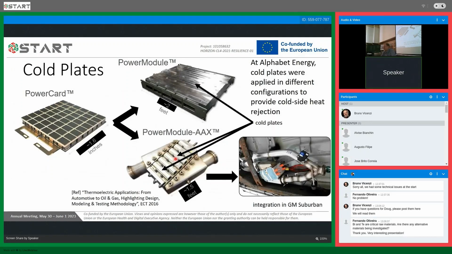Alphabet Energy was in the process of scaling up, and I started some of the slides showing us doing that. We had developed the power card, but we were still in that scale up mode. So tetrahedrite has its challenges too.